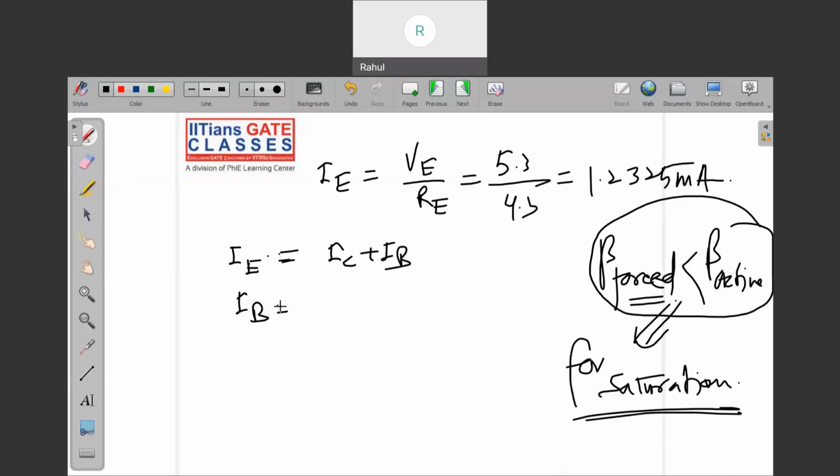So your IB will be equal to IE minus IC. From here you can compute IB, and you will get 0.275 milliampere.